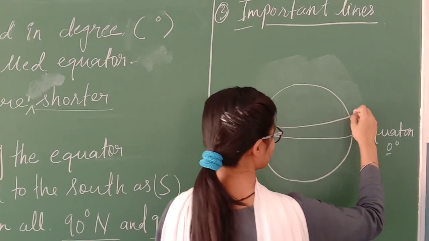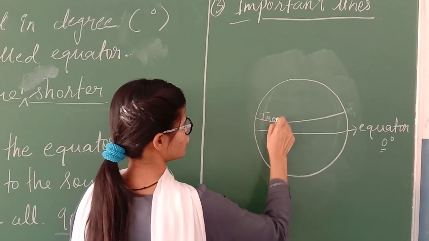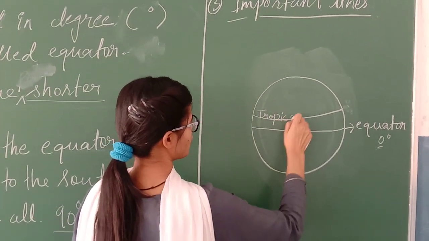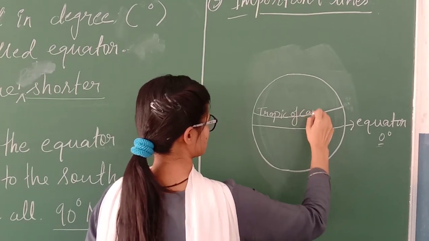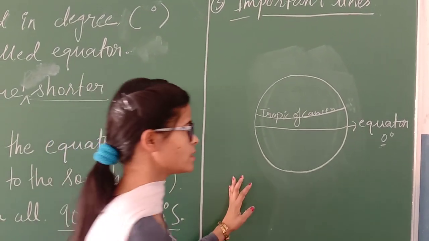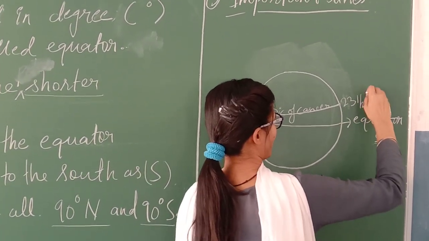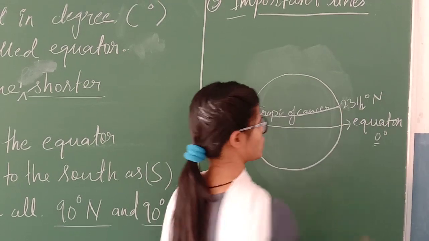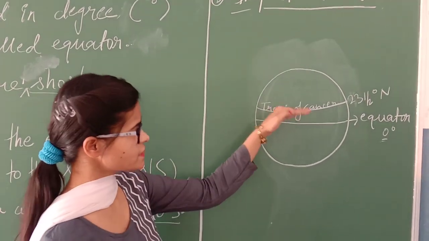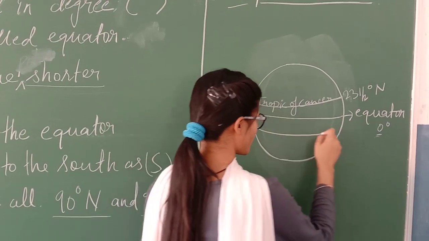We call it Tropic of Cancer, and it is at the angle of 23.5 degree north. And its parallel line is this.